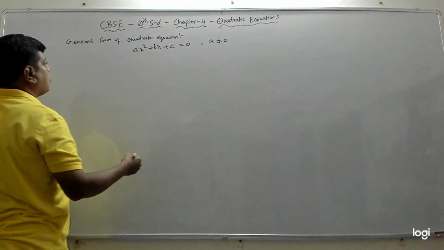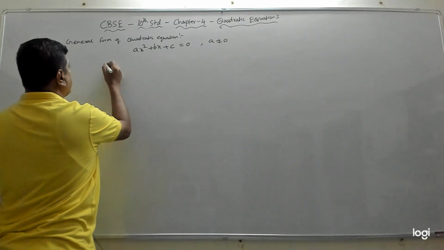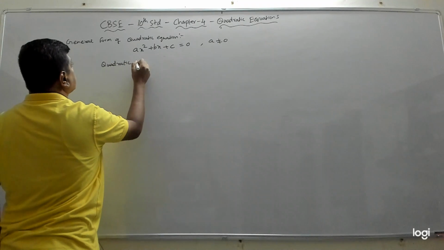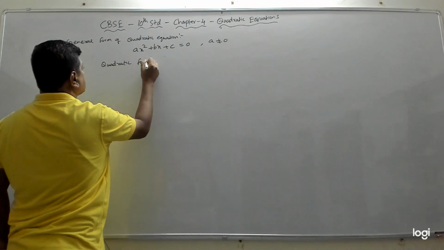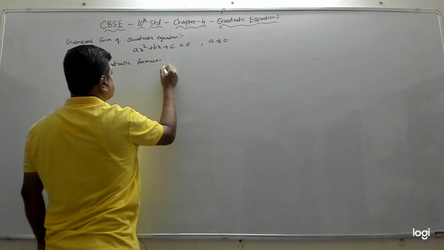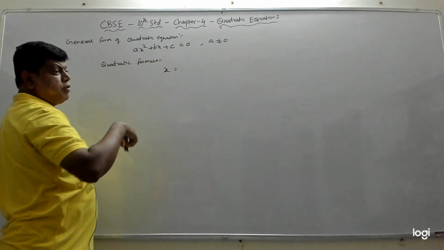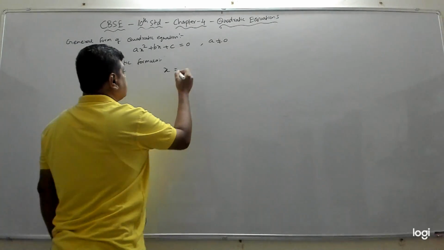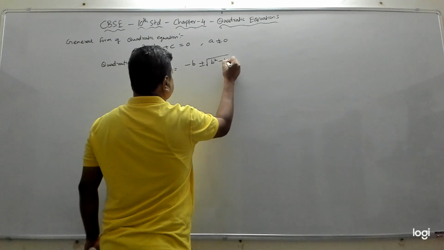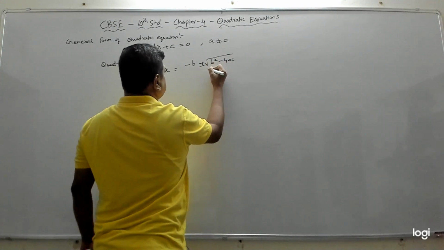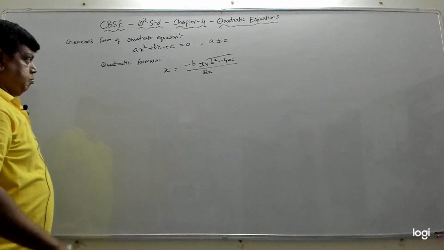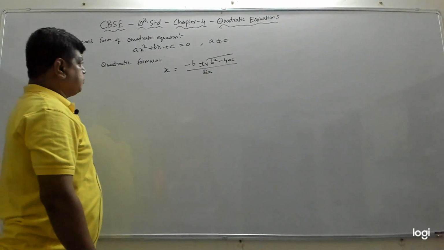Now for this, the quadratic formula is given by x is equal to, when you solve and try to find the value of x, minus b plus or minus square root of b square minus 4ac, by 2a.